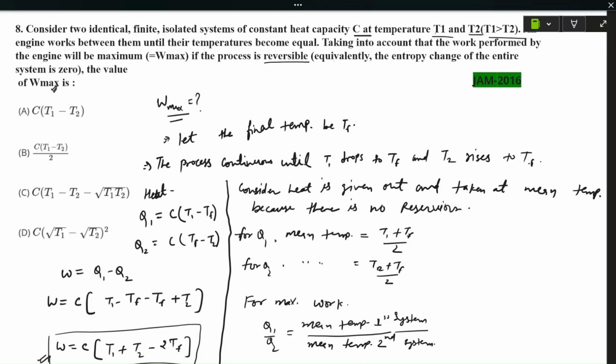Okay. So now Q1 upon Q2. Q1 we calculate here, Q2 we calculate here, mean temperature we calculate here.